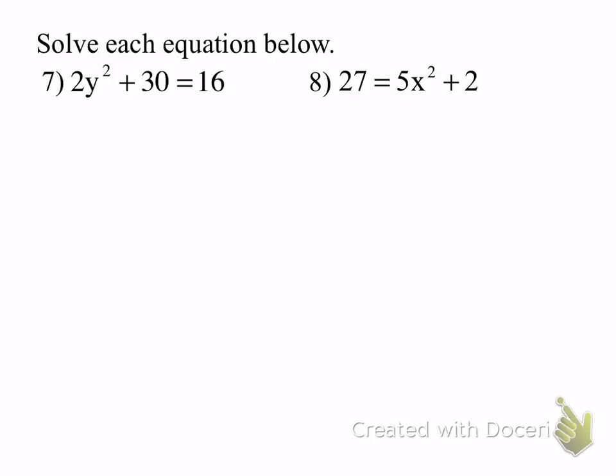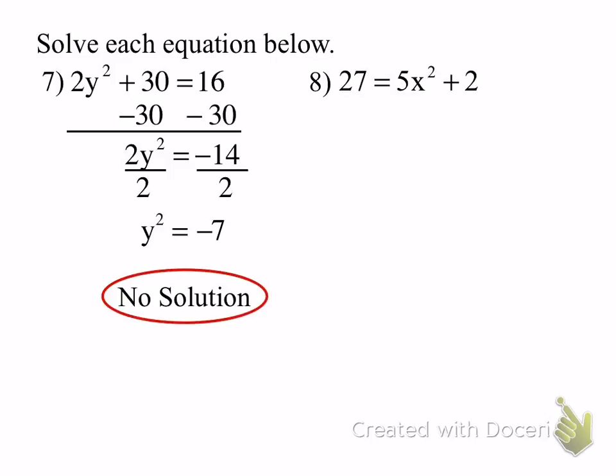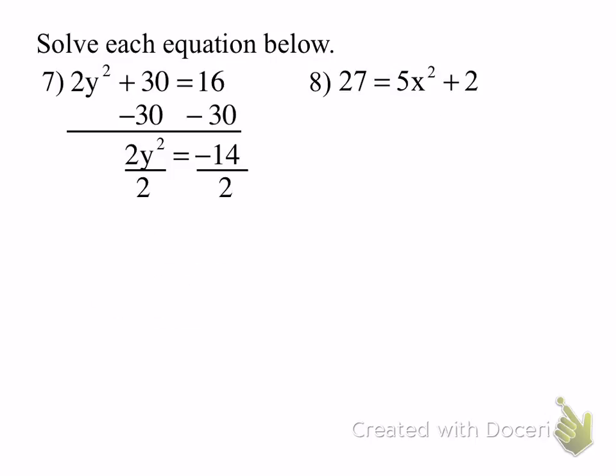It's very easy. Okay, they're just going to get a little bit longer. When we get here, subtract 30. You guys with me? Divide by 2. I get y squared equals a negative number. Take the square root. Look what situation I'm in. I can't take the square root of a negative.